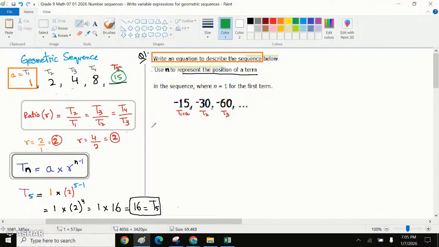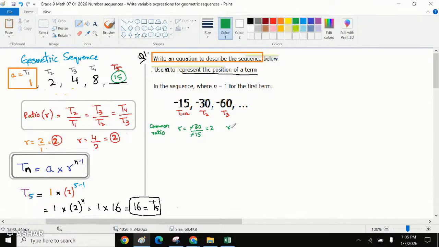So let's try finding it. Can we say term 2 divided by term 1? 30 divided by 15 is 2. The ratio comes out to be 2.